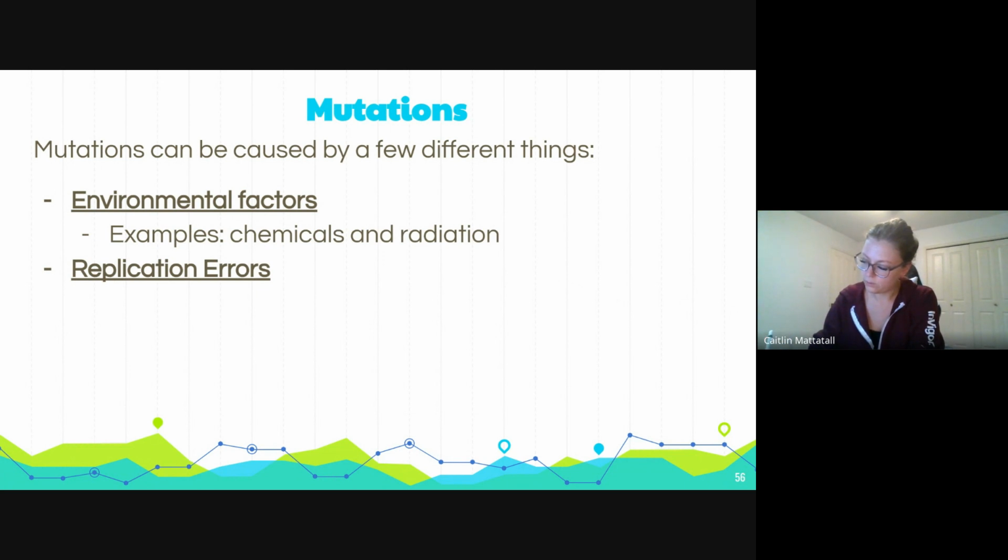And we have 2 main causes of mutations. The first one is the environment. You can have changes to your DNA caused by UV radiation, for example, so radiation from the sun, and that can potentially lead to the development of skin cancer because it mutates your skin cell DNA, and sometimes that can lead to bad things like cancer.